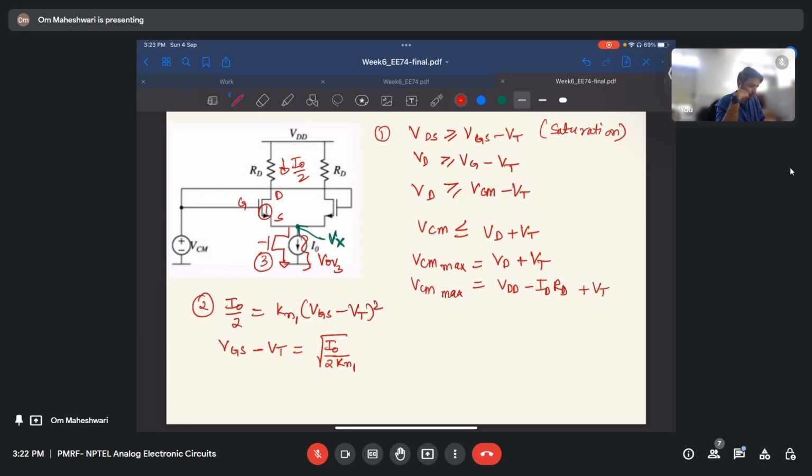So that is the minimum. VO3 is the minimum voltage that is required to keep this sink transistor in saturation, and we have taken that as Vx or VO3.